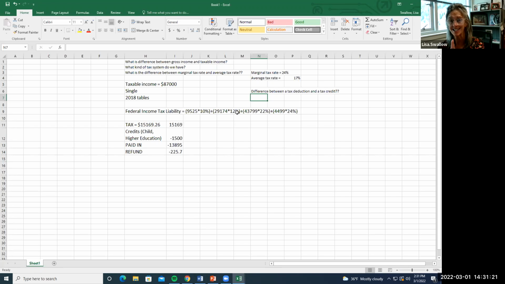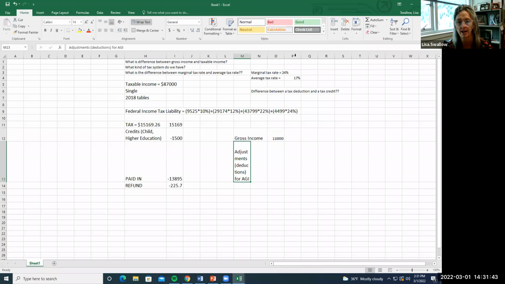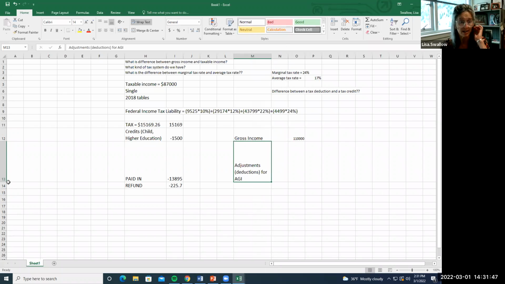But a tax deduction, stick with me here. I'm still on the same guy, but I'm going to give you more information about him. His gross income was 110,000. And he had adjustments, which is a fancy word for deductions, for adjusted gross income, right? So I'm back now talking about that formula that we looked at, right?